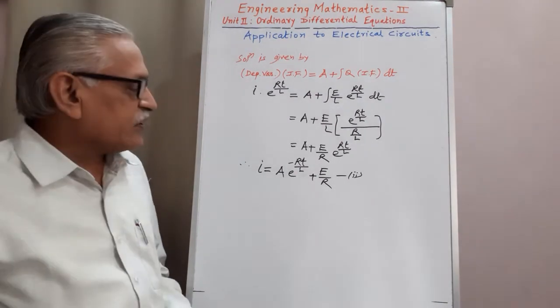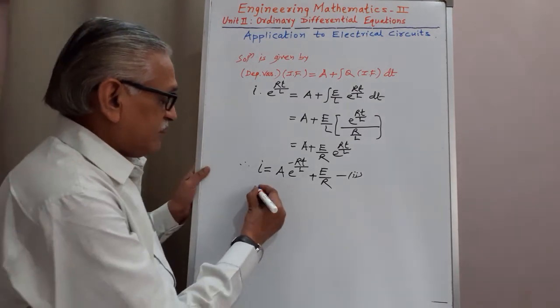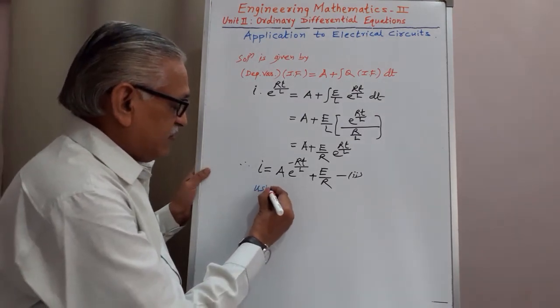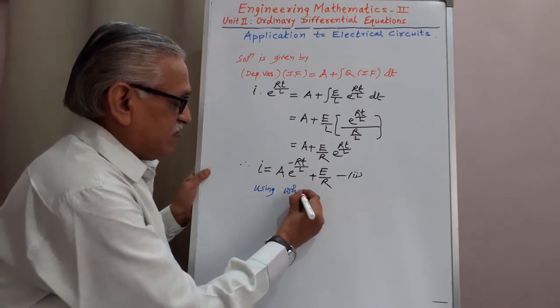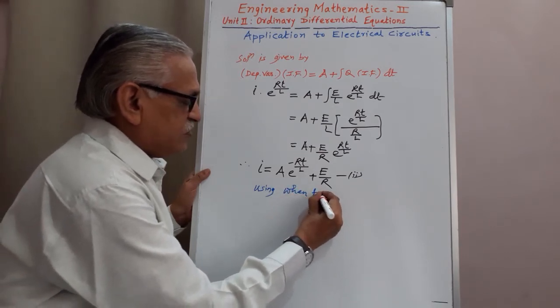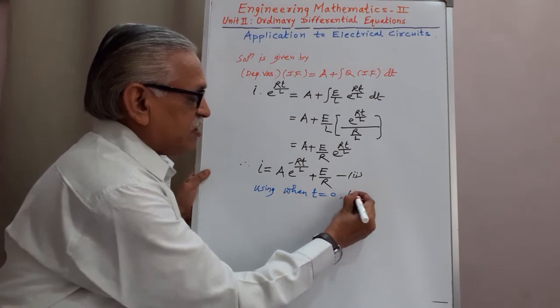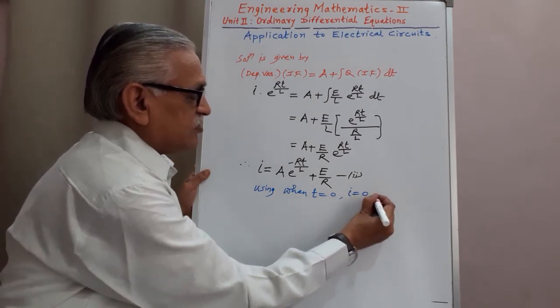And therefore, using the initial condition, when t is 0, the current through that circuit is 0.